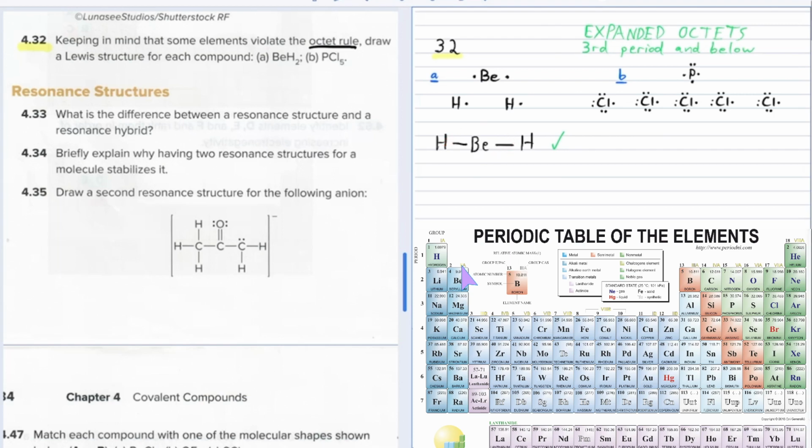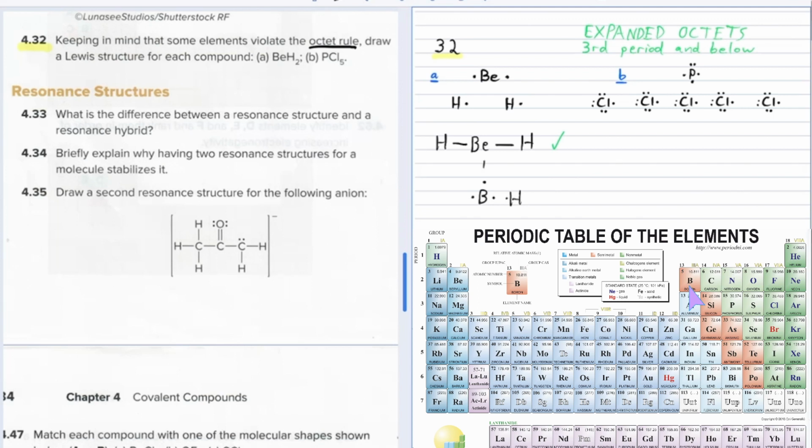Okay, if you have a boron compound, I know there's not one in this problem, but if you have to draw Lewis structures for anything involving boron, boron is in group 3A, so it has 3 valence electrons, and it would look kind of like this. Okay, so here's boron, 1, 2, 3 valence electrons, and after it forms its bonds, one possible compound is BH3.